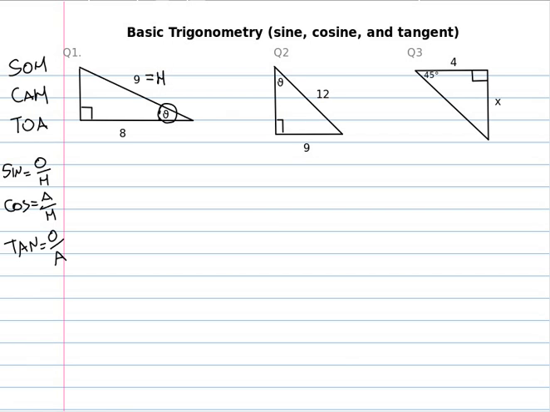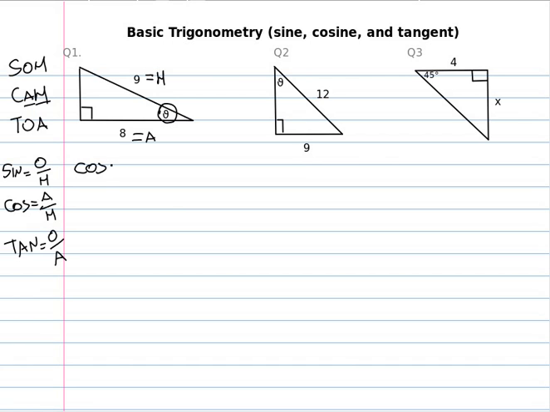And because the angle's there, this side is the adjacent side. Having a look, we have the hypotenuse and we have the adjacent, so cos is going to be our go-to ratio.